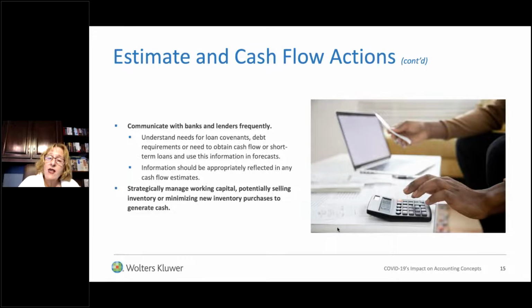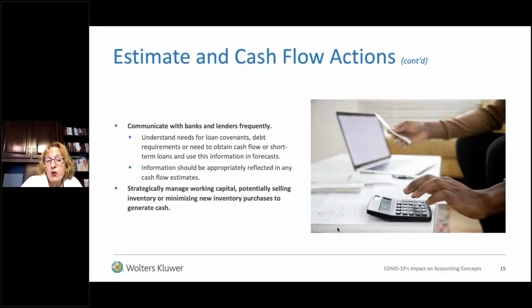So another thing that we have stressed on other issues, and this is not just with the CARES Act and the Payroll Protection Program, but it affects your cash flow: communicate with your bankers and lenders frequently. Make sure you have an understanding of the need on any of your loan covenants and what could result in a loan covenant violation.